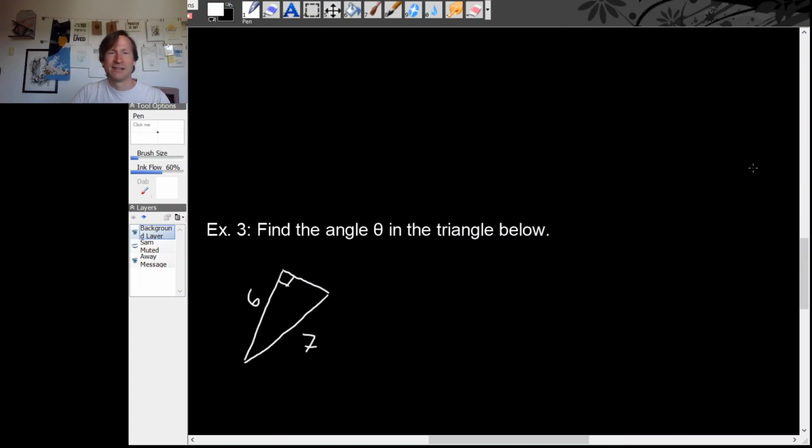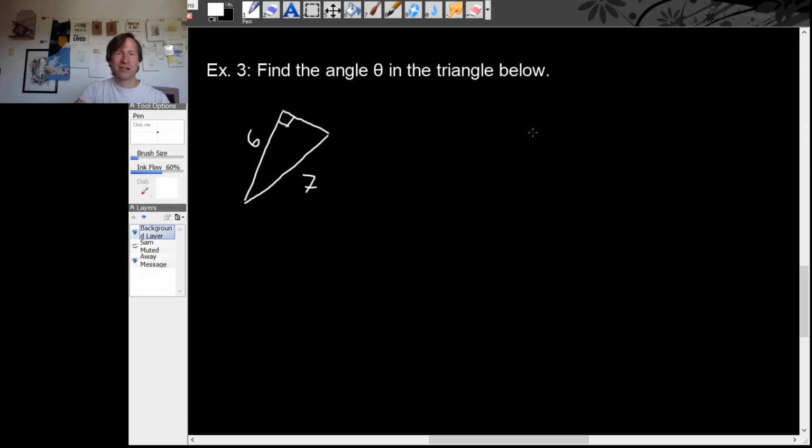All right. Finally, let's look at this one. Let's find the right-hand angle in this right triangle. This time we know the side that's opposite the angle, and we know the side that's opposite the right angle, so that's the hypotenuse. Which trig function involves the opposite side and the hypotenuse? That's sine. So let's use inverse sine.